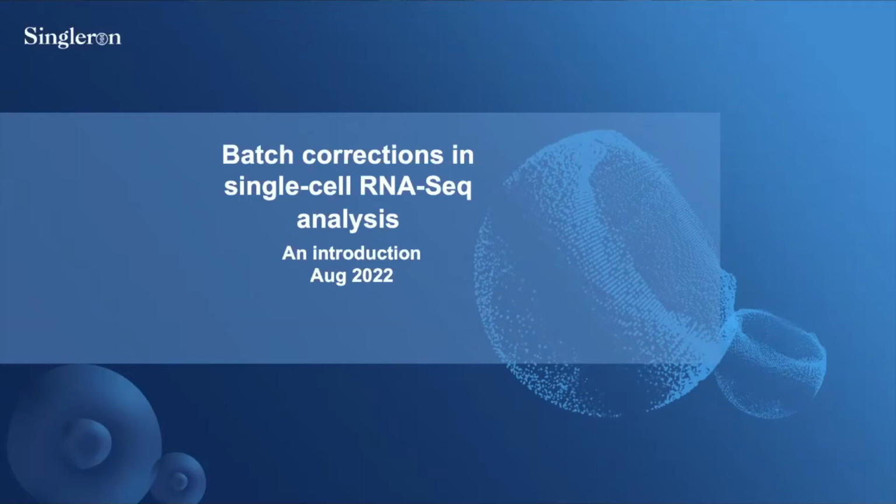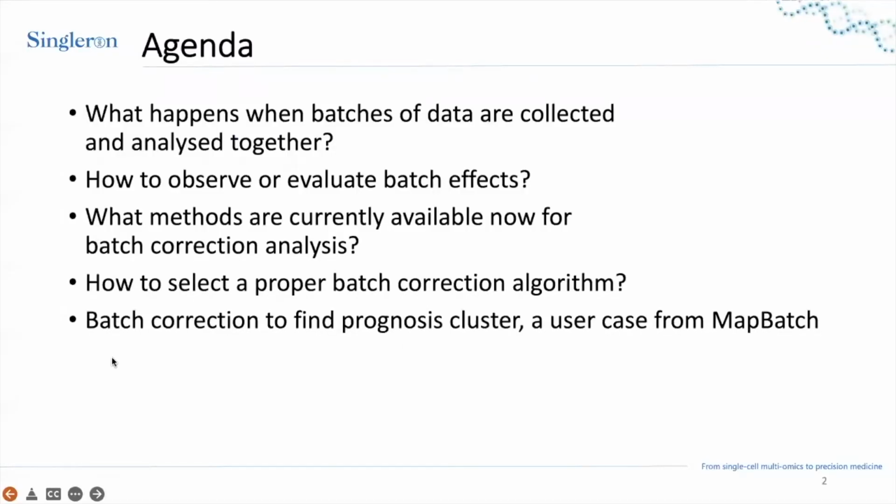So today I'm going to cover an introduction to the batch effect in single cell, mainly focusing on RNA-seq analysis. Nowadays, due to the rising popularity of single cell experiments, we have been seeing more and more single cell data available, either in public databases or in repositories.